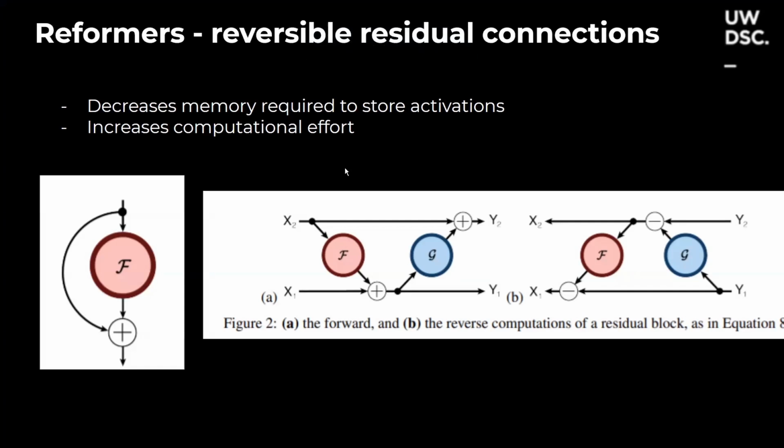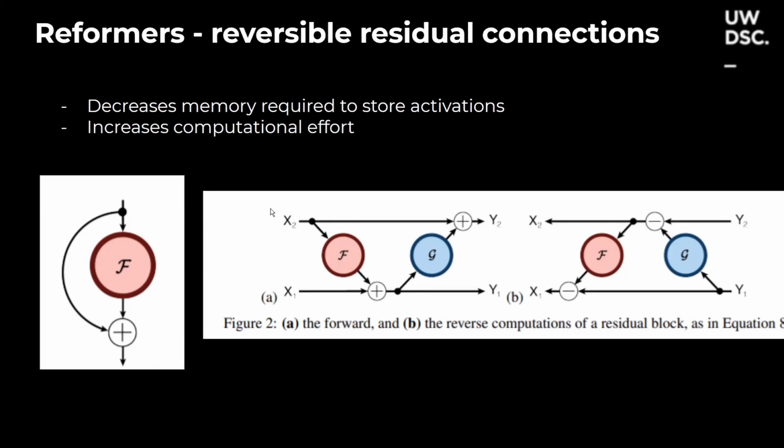Basically, the original complaint for ResNet is that you will have to store all the activations between X's, and that's a lot of activations to store, and that just exhausts a lot of your memory. So when you backpropagate, you have to know X from here before you can backpropagate.